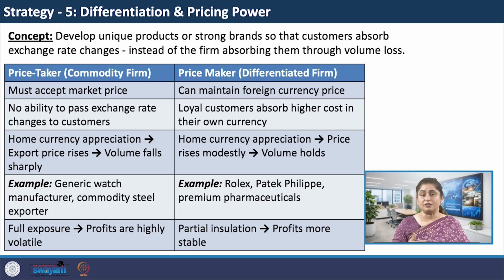The product is unique, the brand is irreplaceable, there is no equivalent alternative at a lower price. So the customer absorbs the higher cost and the firm's volume holds. The exchange rate move passes to the customer, not to the firm's sales.